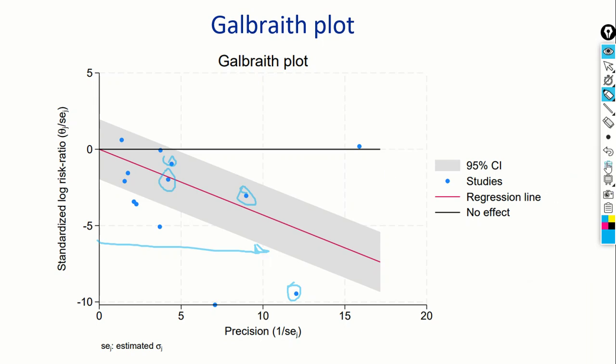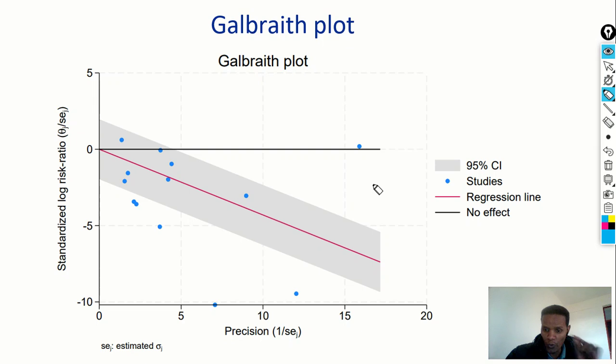And again, one last interpretation that we need to focus on is whether there is heterogeneity between the studies included in the meta-analysis. Is there any outlier, an extremely large or extremely low outlier? The outliers are identified by looking at whether the blue dots are outside of the confidence interval or not.